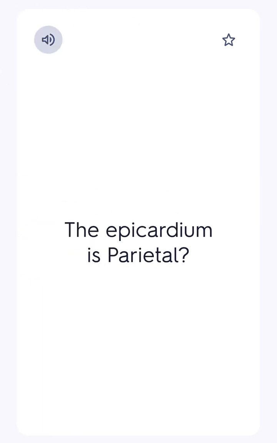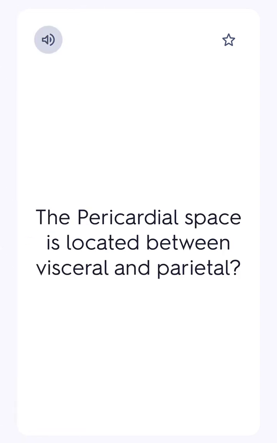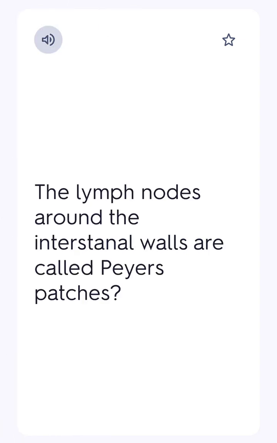The epicardium is parietal. False, visceral. The pericardial space is located between visceral and parietal. True. The lymph nodes around the interstitial walls are called Peyer's patches.